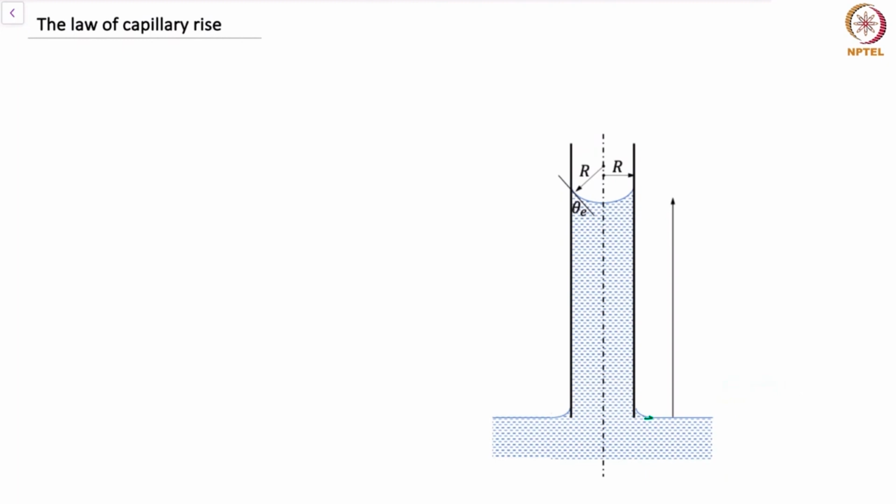Let's look at what the parameters in the problem are. The parameters relevant in the problem are geometric parameters such as the radius. Then we have external parameters like gravity, so this is a tube that is in a gravitational field. We have the contact angle that the meniscus makes with the inner walls of the tube.